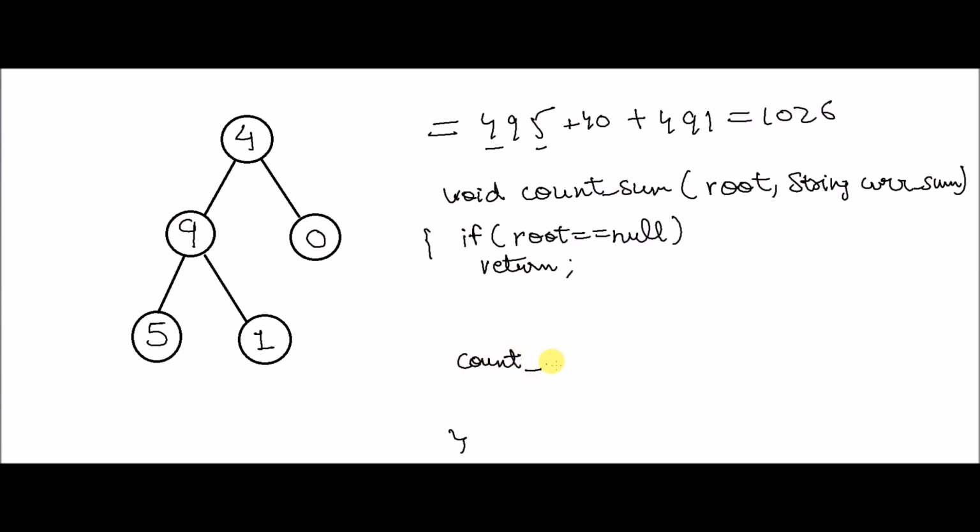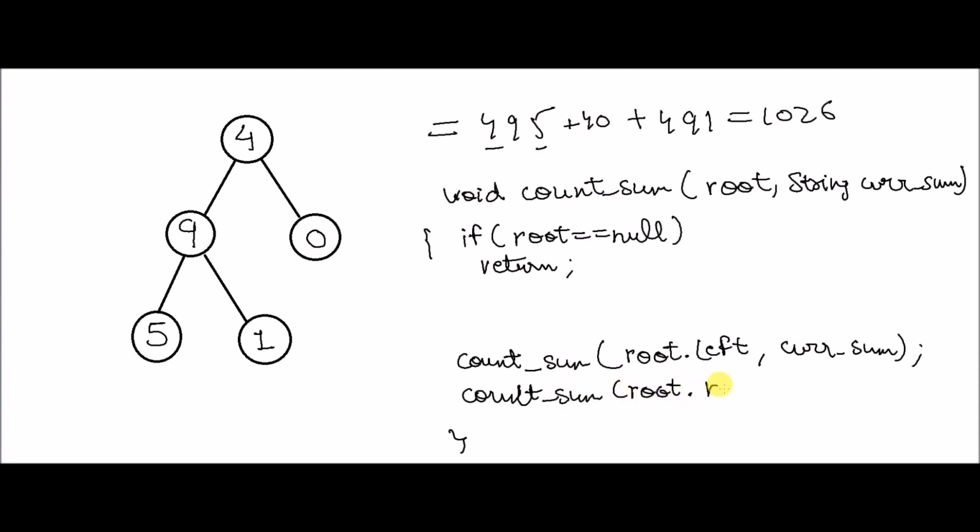I'll be calling this function once with root.left, by giving it the left child of the current node, and my current sum will be as it is. And the second one just below it, I will be calling again by passing the right child, and my current sum will be as it is.